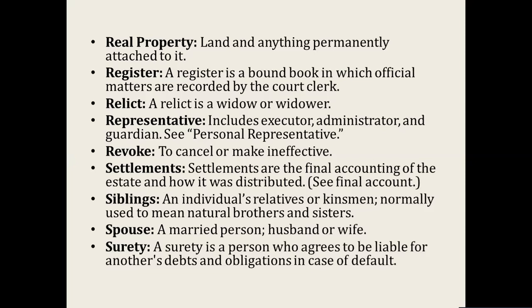Settlements are the final accounting of the estate and how it was distributed. Siblings, of course, can be an individual's relatives or kinsmen, normally used to mean natural brothers and sisters, but not always. A spouse is a married person. Surety is a person who agrees to be liable for another's debts and obligations in case of default.